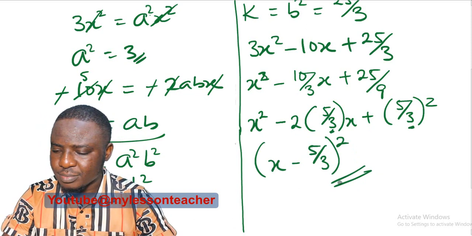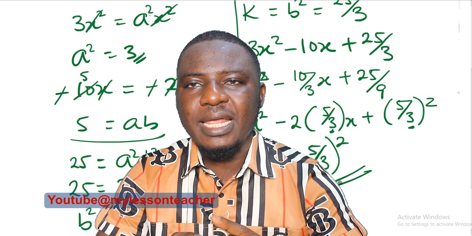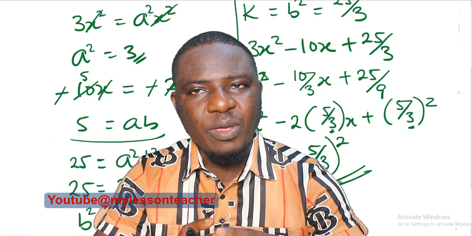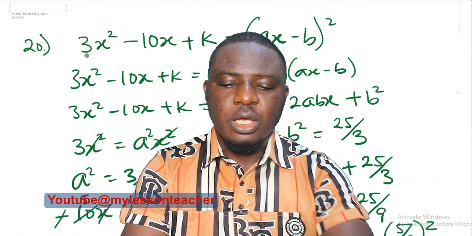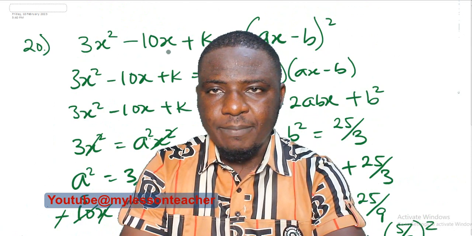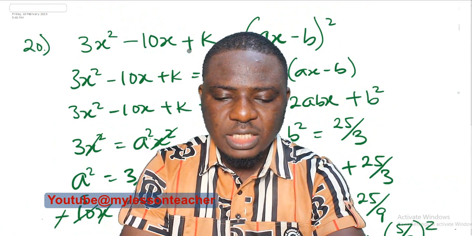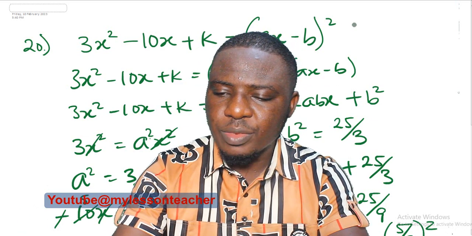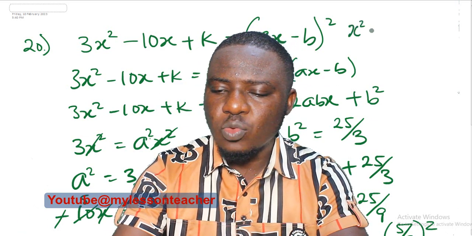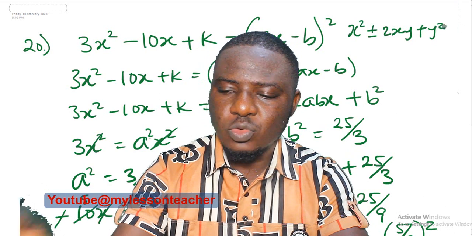As a recap, when you are asked to make a quadratic expression a perfect square, I told you that you will look for a term that when you add it to that expression, it makes it conform with x squared plus or minus 2xy plus y squared.